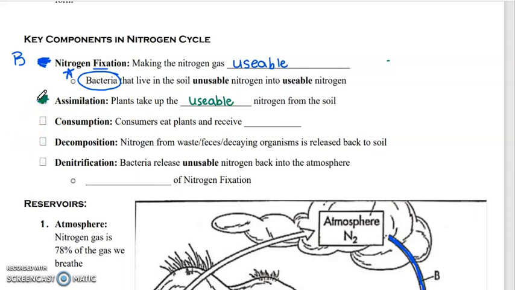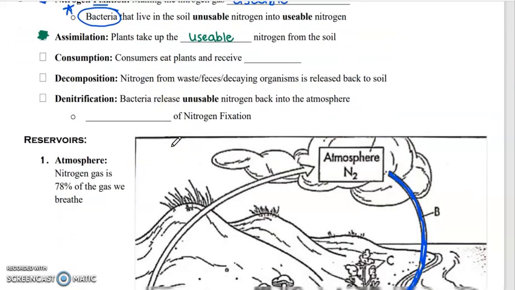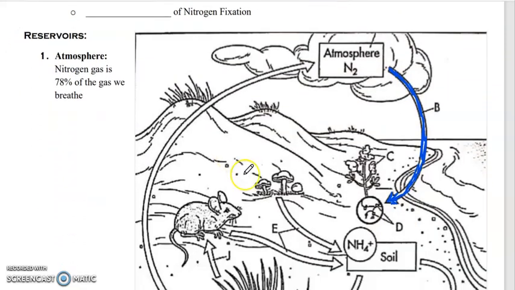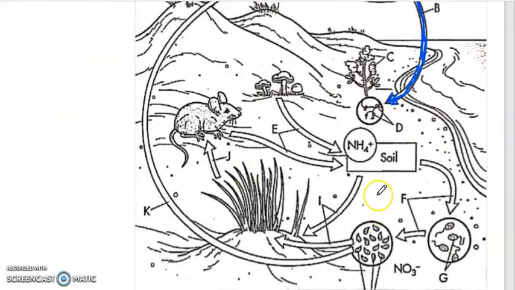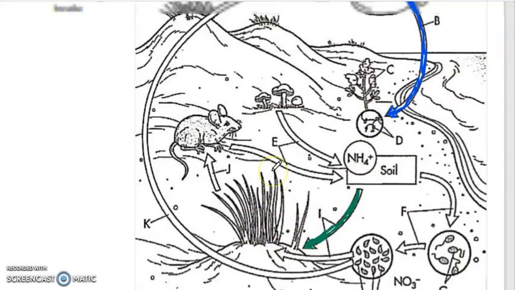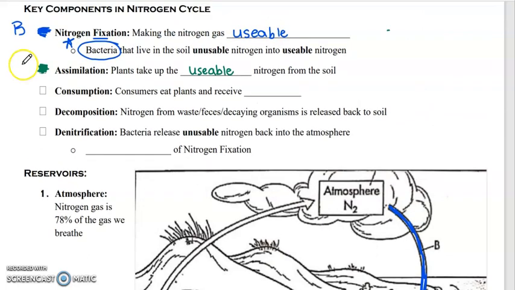So they're going to pull up that nitrogen, and that's what we call assimilation. Maybe here's our plant, right? So maybe this first arrow I is showing us how it's going from the soil to getting pulled up by the roots. So we can say that that is I.